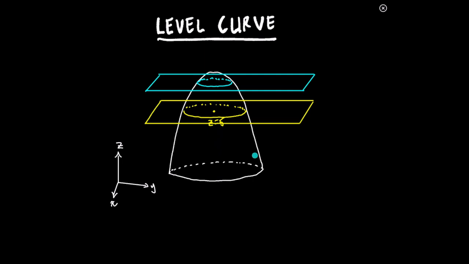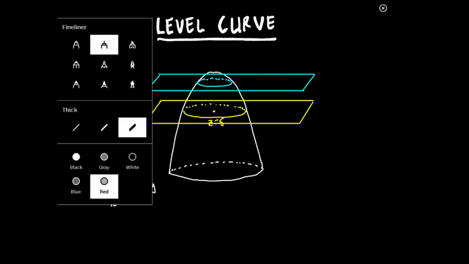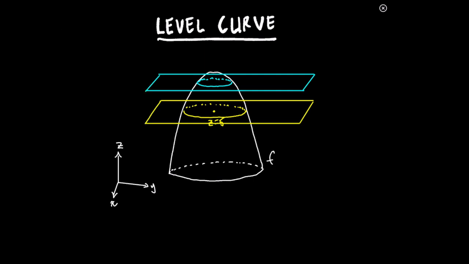Now, say that this function is actually just some function of x and y, right? Well, then your z-axis is actually equal to f of x, y, right?